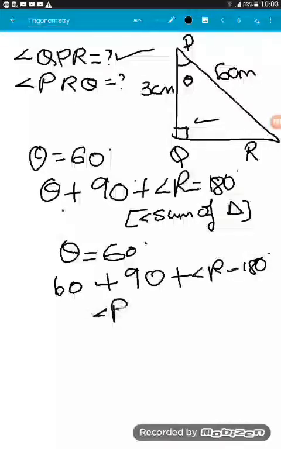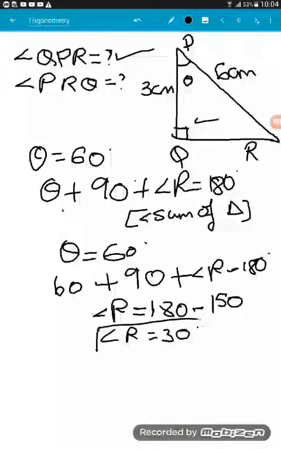Now angle R equal to 180 minus 60 plus 90, that is 180 minus 150. So angle R equal to 30 degree. So you got angle R also.